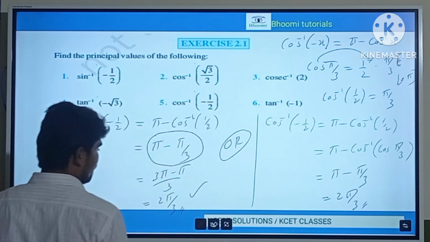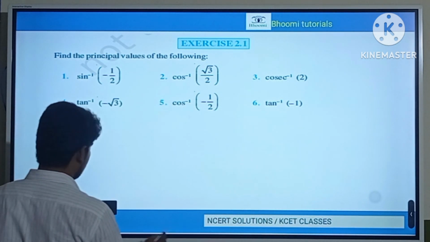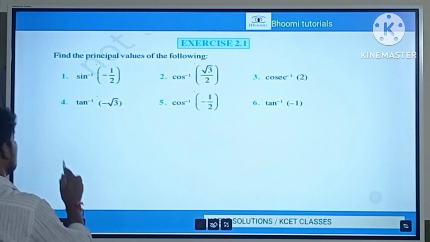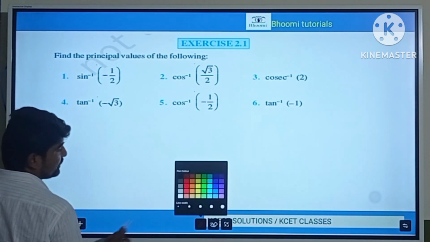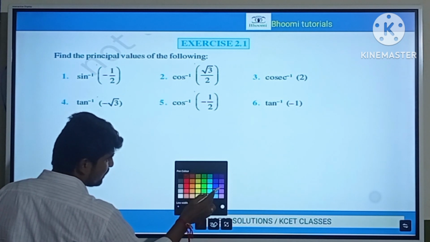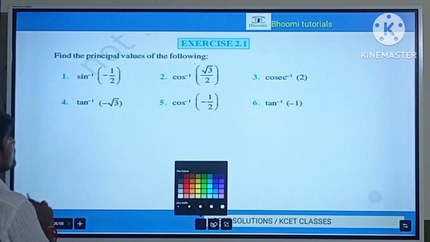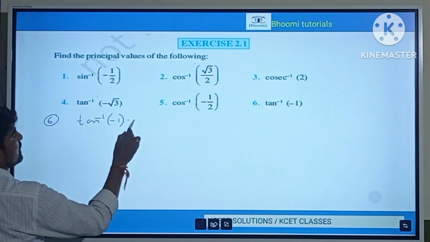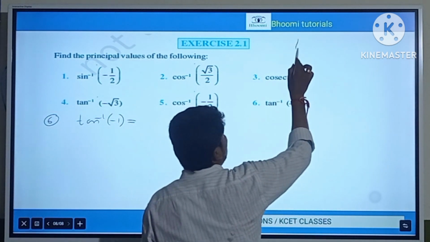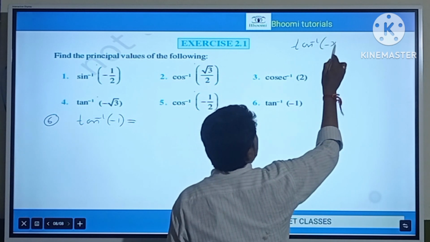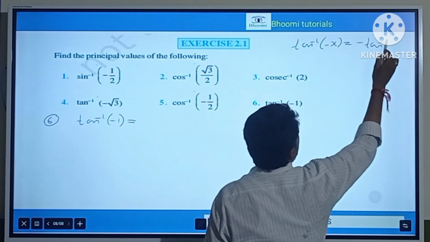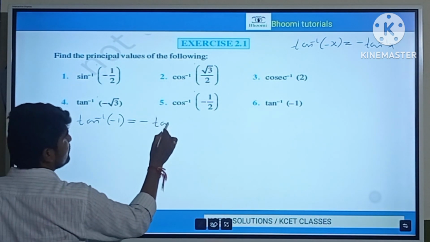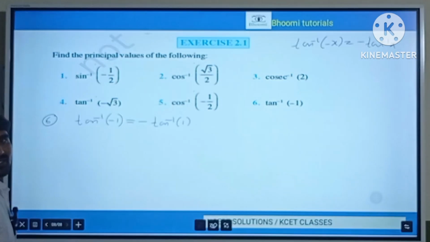So now the last question: tan inverse of minus 1. We need to identify the principal value of tan inverse minus 1. Again, this can be solved in two different ways. What is the first one? We know that tan inverse of minus x is equal to minus tan inverse x. So tan inverse of minus 1 is equal to minus tan inverse 1.